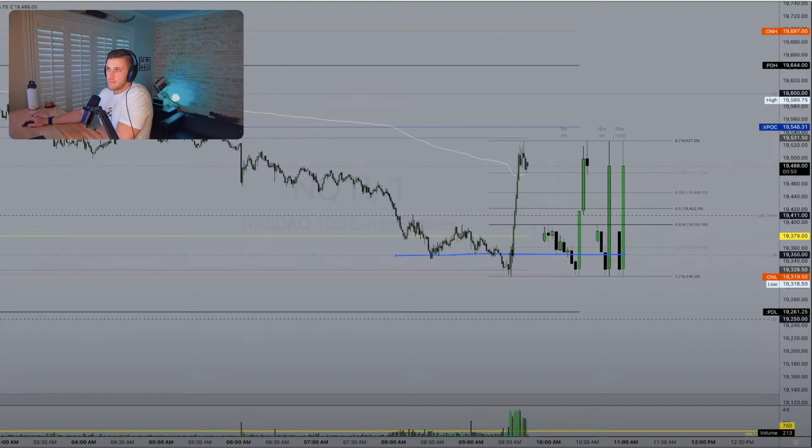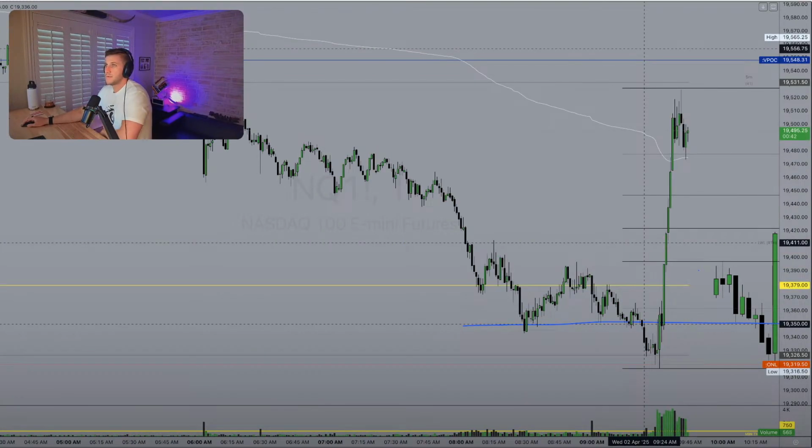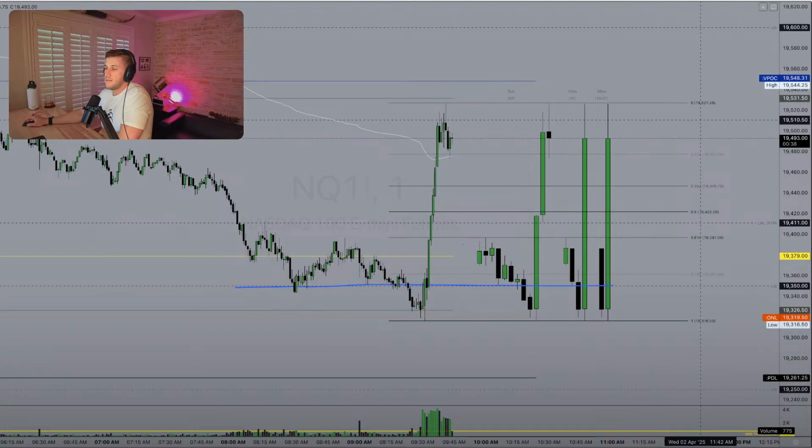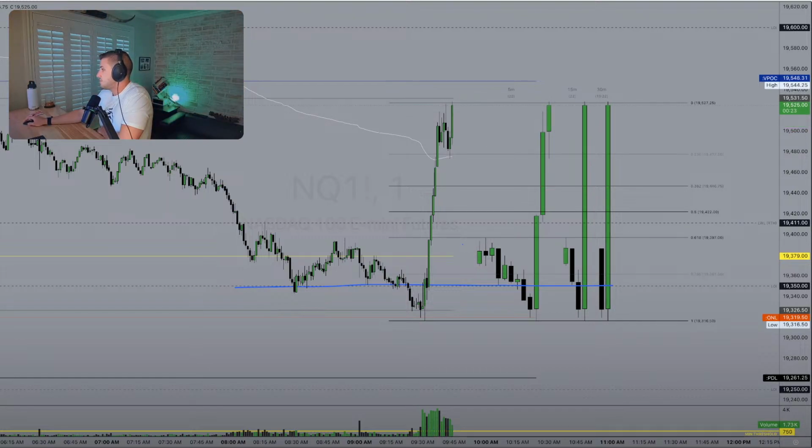Looks like price, this momentum move, slowing down a little bit at the value area high for this extended session. But the next upside level of interest is the 600 that we talked about before the open. NQ new high of day.